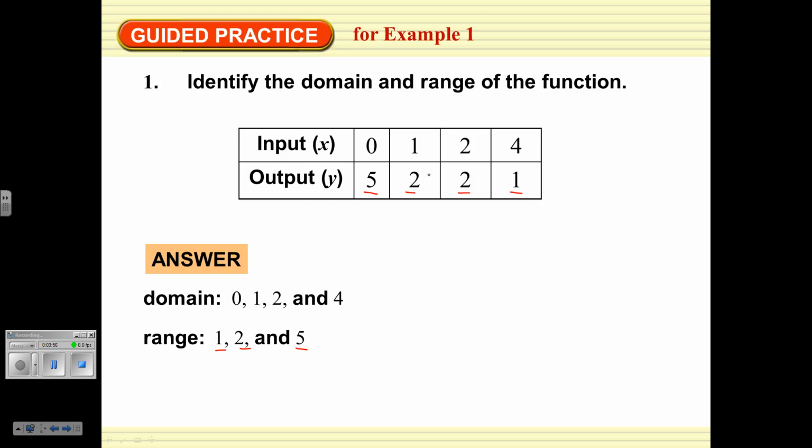That would be because we don't have to list the 2 twice. This is still a function because every x value has only one y value partnered with it. The 0 doesn't have 0, 5 and 0, 2. It just has one value partnered, so it's a function. But we only have to list the 3 ranges because we don't have to list the 2 twice.